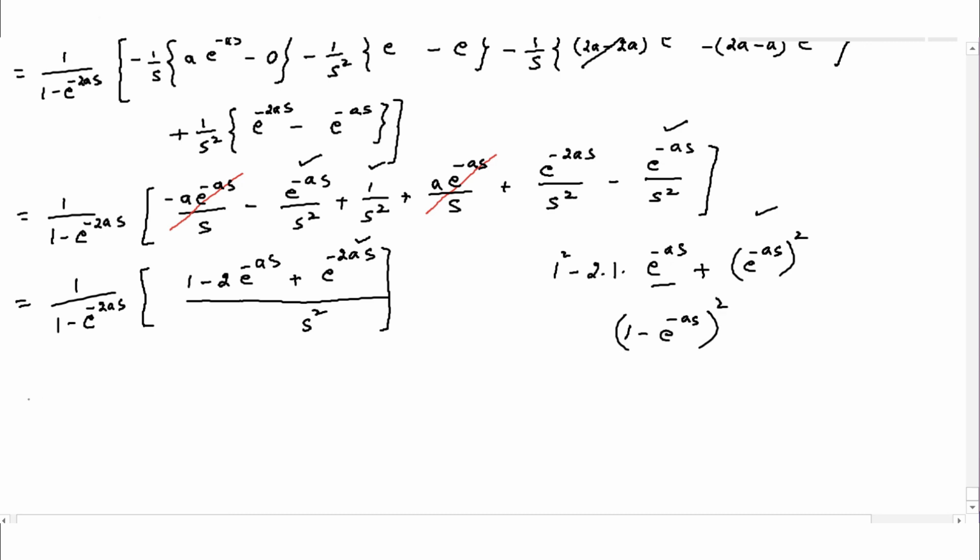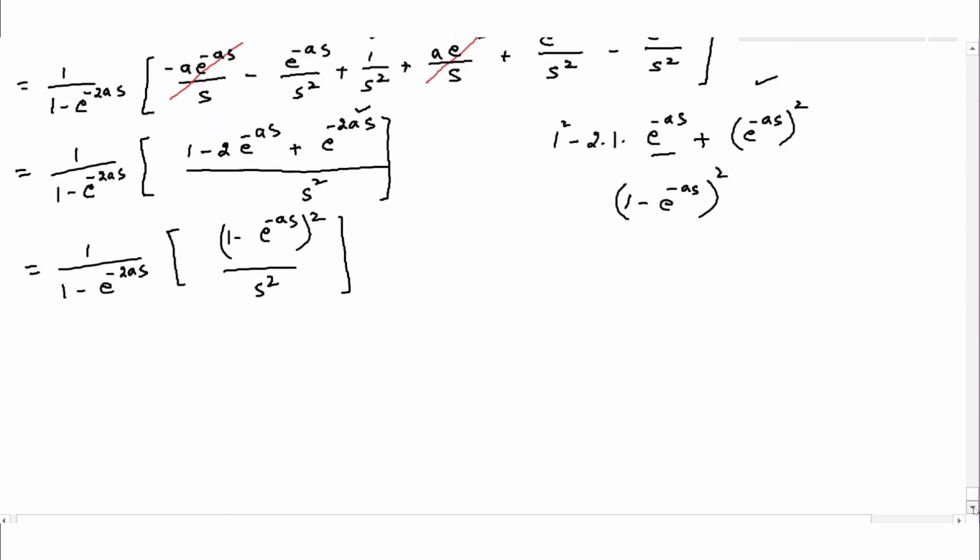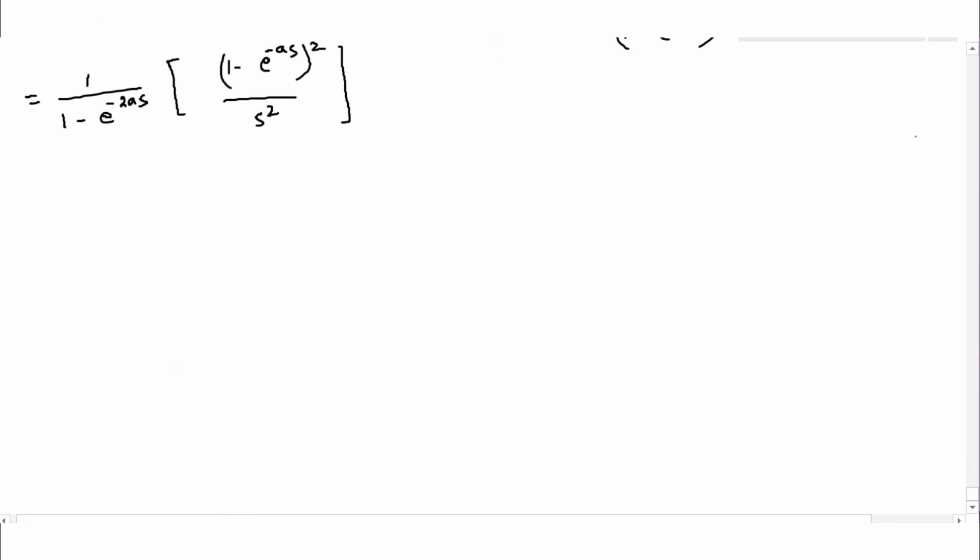So if I try to rewrite this expression, it is 1 by 1 minus e power of minus of 2as, yes, and here you have got the expression as 1 minus e power of minus of as whole square divided by you have s square. Now this denominator value is in the form of a square minus of b square. Therefore I can rewrite this expression.